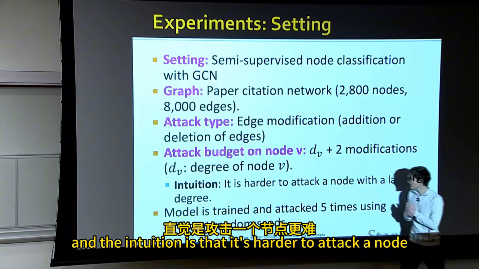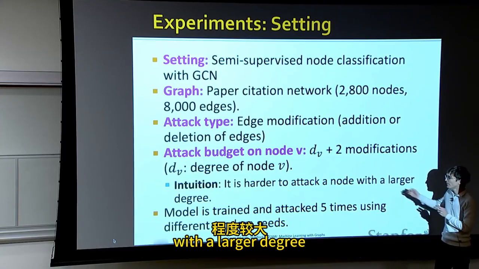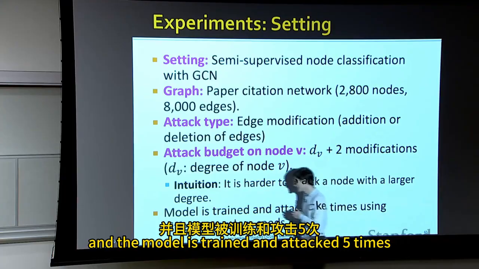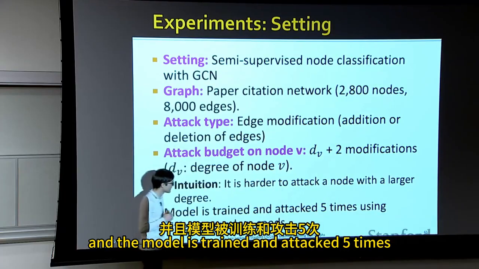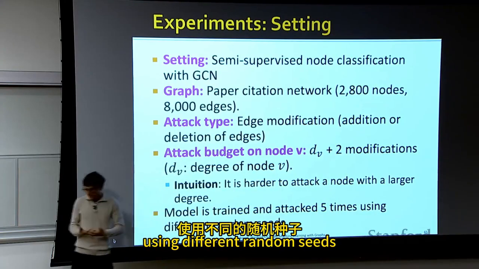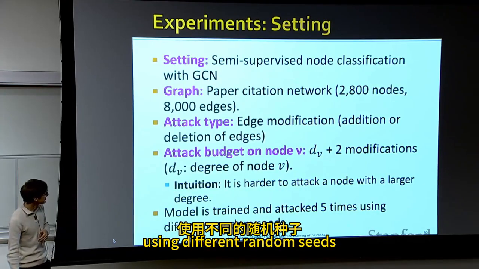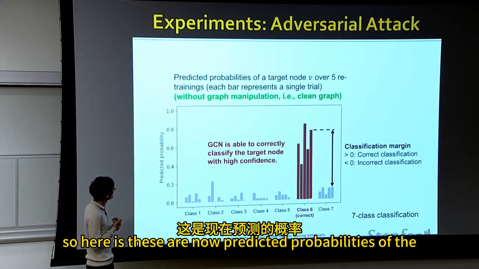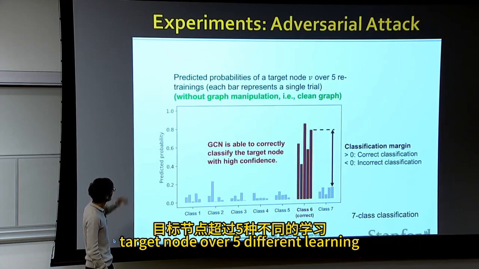And the intuition is that it's harder to attack a node with a larger degree. And the model is trained and attacked 5 times using different random seeds. So you kind of see also the success rate. So these are now predicted probabilities of the target node over 5 different learnings, right?